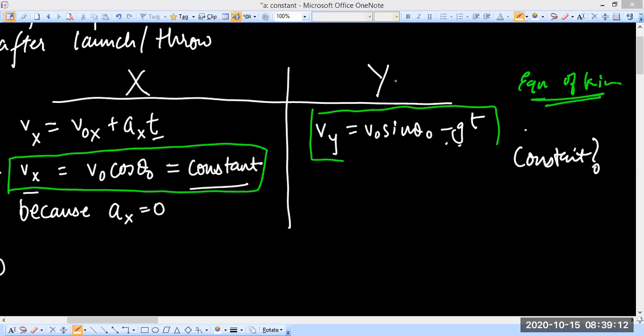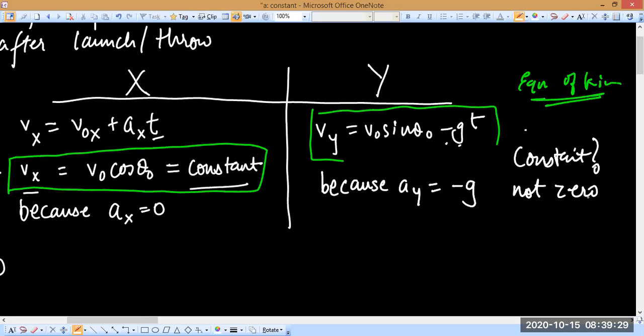As you put different values of t, the value of Vy will change. So it's not a constant, right? And you could also say that because there is ay, which is minus g and not 0, right? If acceleration is not 0, the velocity cannot be constant, right?